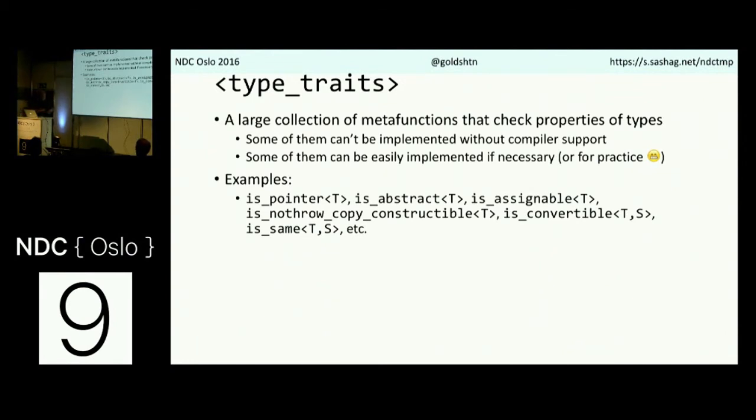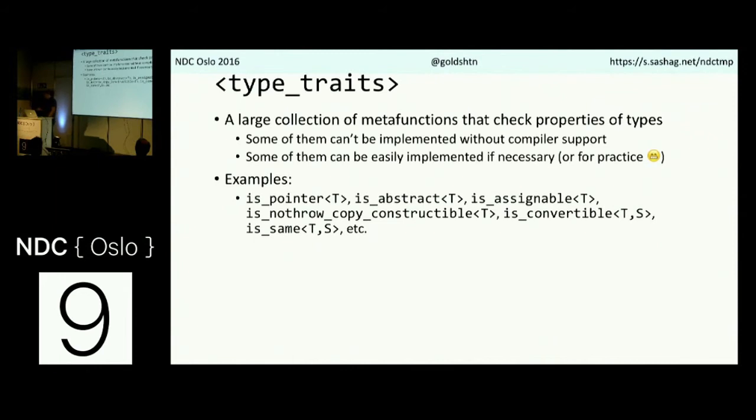So for example, you could have a metafunction that takes a type and adds a reference to it. So it produces the same type but with a reference added at the end, or removes const from a type, that kind of thing. A lot of these can actually be implemented pretty easily. So if you're looking for exercises on metafunctions, you can implement a lot of these type traits yourself. There's a lot of corner cases to take care of, but you could.